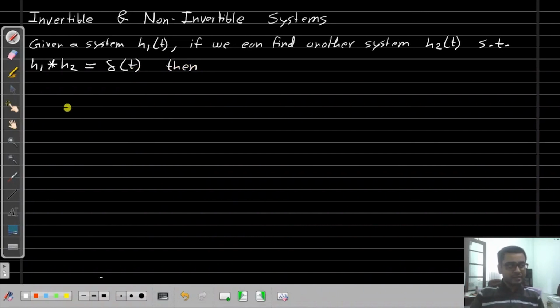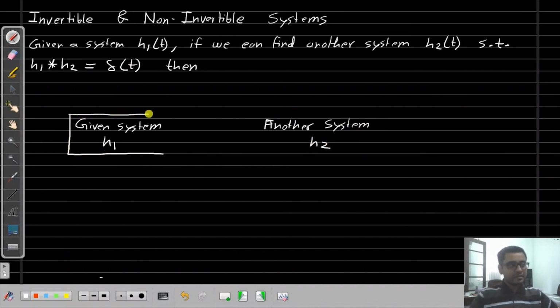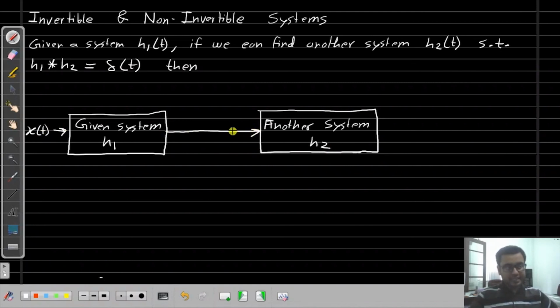Then if we connect these two systems in cascade like this, given system h1 followed by another system h2 connected in cascade, x(t) comes here, output goes to the input of the second system, and here is the final output.